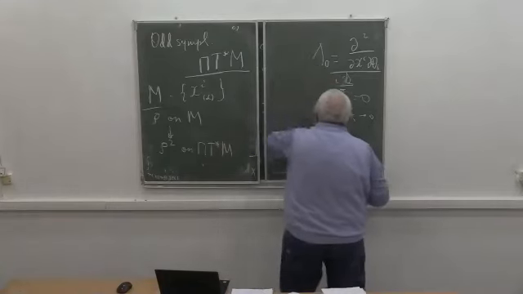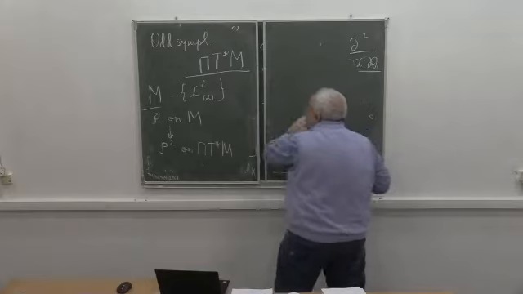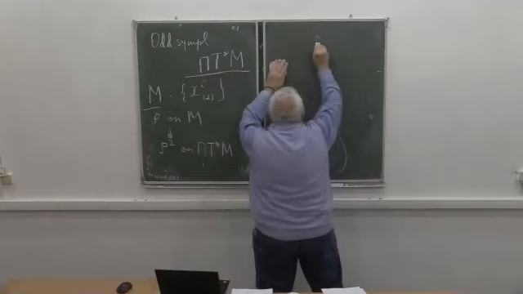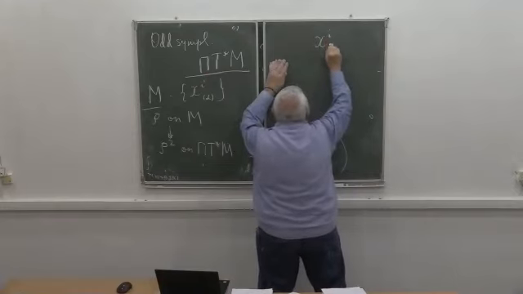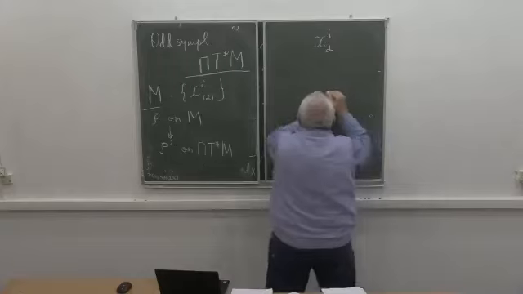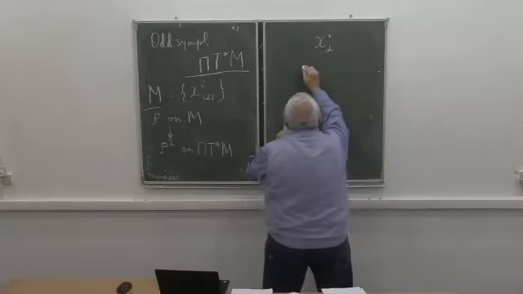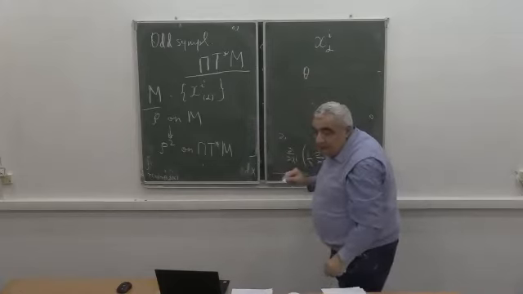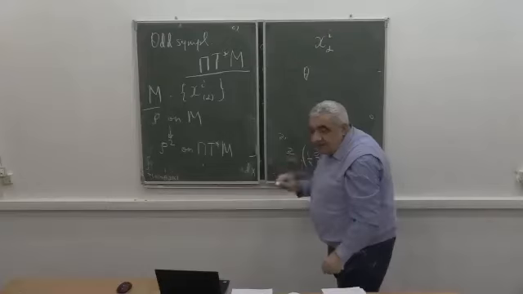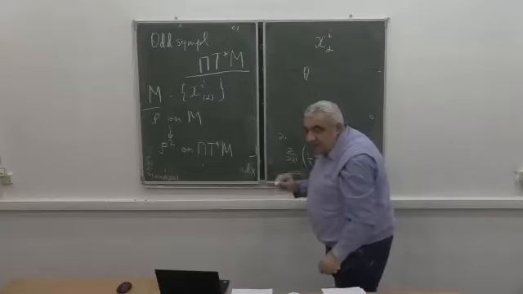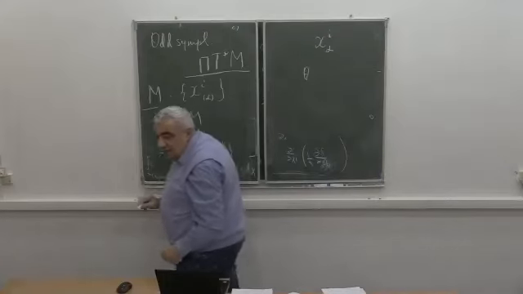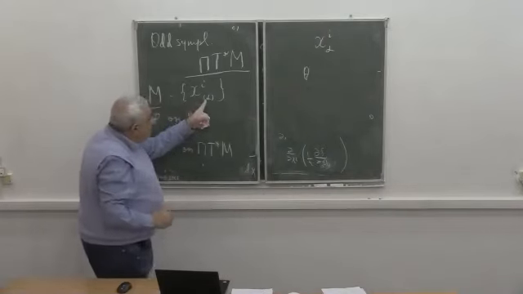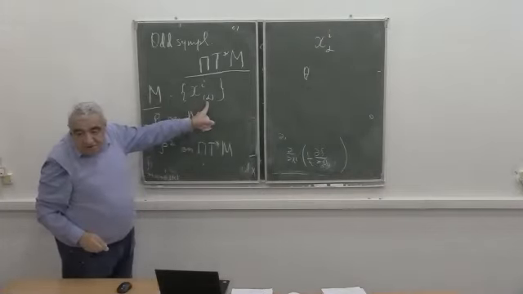What is much more important, let me define what is ΠT*M. On ΠT*M, you have components ξ_α. Now, M is a classical manifold, even. What is x^α? It is an atlas of coordinates, a chart.